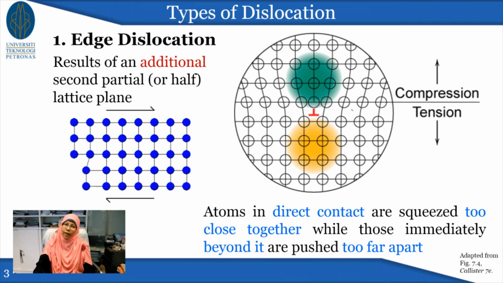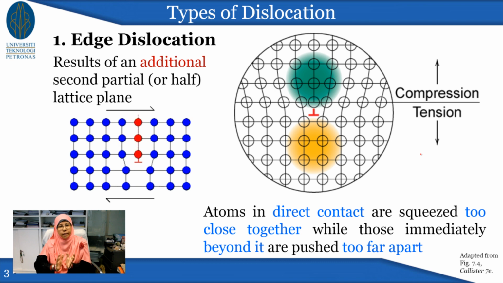So whenever you have edge dislocation, you're going to have these two regions of stress and strain. Okay, so on the top you have compression, and on the bottom you have tension. So you can imagine that the lattice is experiencing some strain. So this is what we call lattice strain.